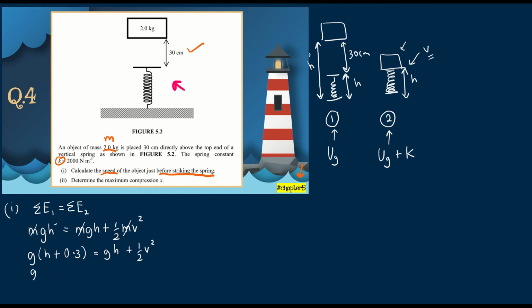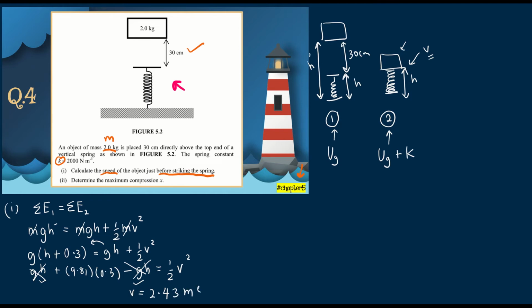Expanding the equation, you'll have gh plus g, which is 9.81, times 0.3. You bring gh to the left, so it's minus gh equal to half v squared. So gh with minus gh you can cancel out. Then you can calculate your velocity.